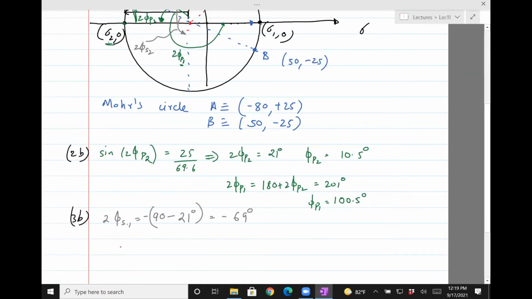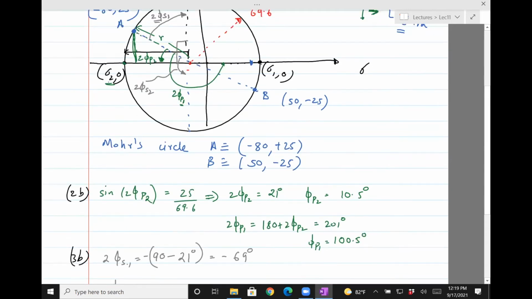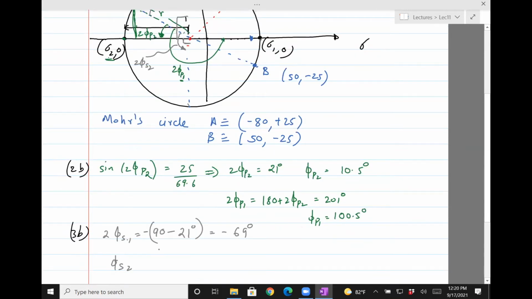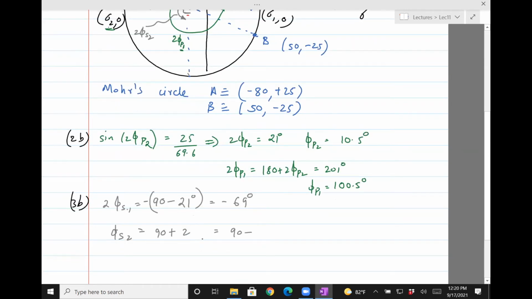Okay, and then 2 phi S2, which you can see from the figure, is basically 90 degrees plus 2 phi P2. So 90 plus 21 equals 111.